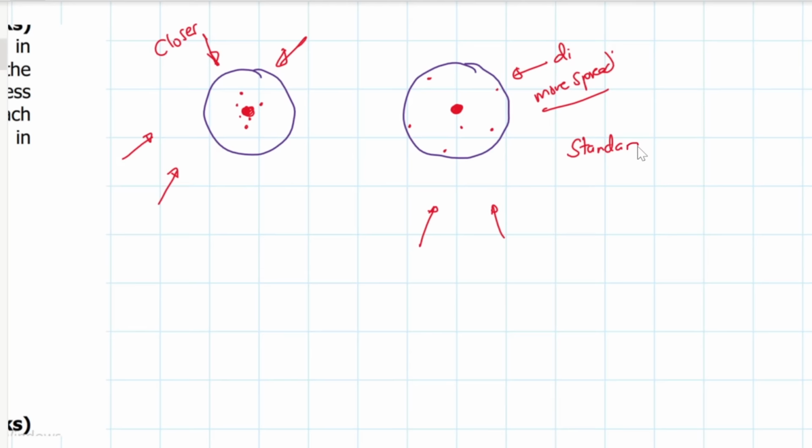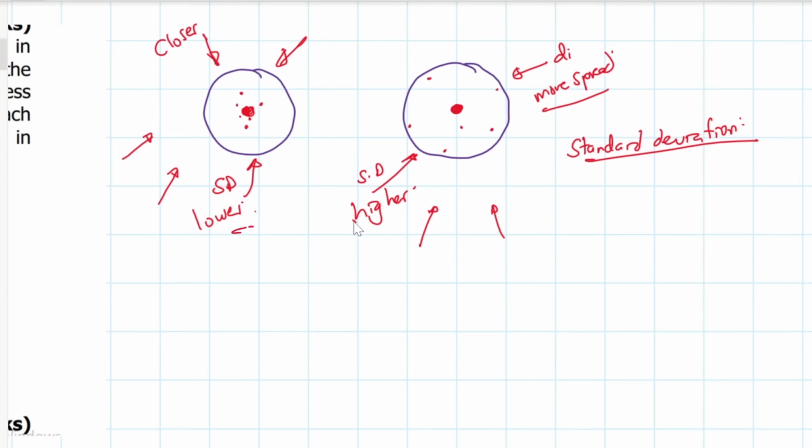So if we are to calculate the standard deviation of this and the standard deviation of that, the standard deviation here will be higher than this one. This one will be lower.